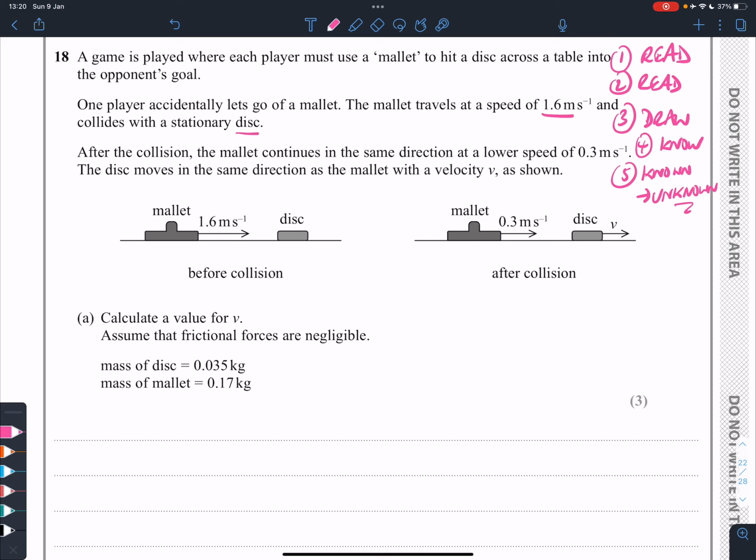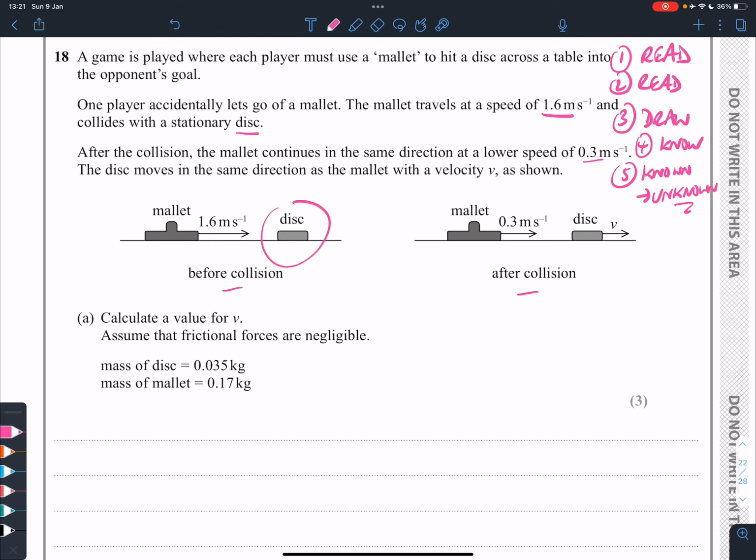Okay, so let's make sure we got this. A game is played where each player must use a mallet to hit a disc across a table. One player accidentally lets go of this mallet, so this mallet is on its way at 1.6 meters per second, and it collides with a stationary disc. So this is before the collision, this is after. After the collision, the mallet continues in the same direction at a lower speed of 0.3 meters per second, lower than the 1.6, and the disc moves in the same direction as the mallet with a velocity v as shown.